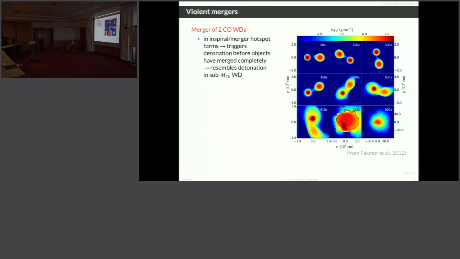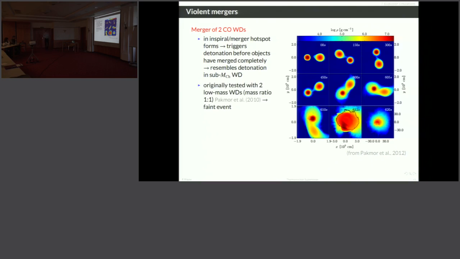So therefore, if a hotspot forms where the secondary material plunges into the primary and sets off a detonation, it will actually run a detonation through the primary, which is an almost undistorted sub-Chandrasekhar mass white dwarf. So this actually falls into the category of sub-Chandrasekhar mass white dwarf explosions, although it's a merger that in total has a mass that is above the Chandrasekhar mass.